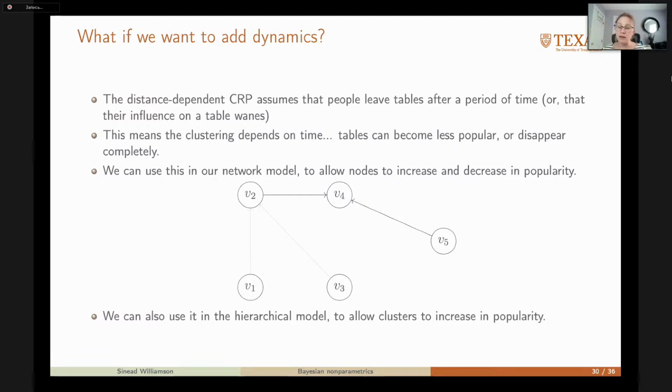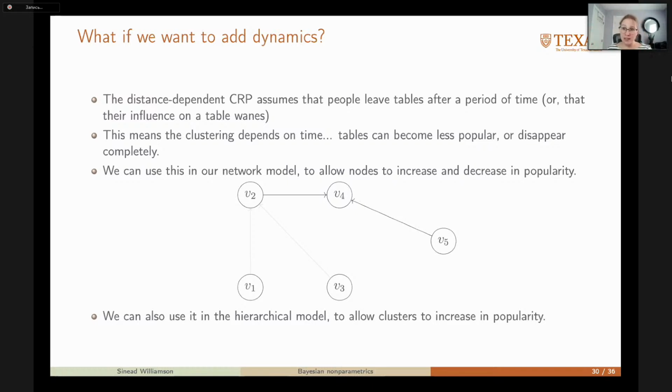And this would mean that a cluster's topic, for want of a better word, will evolve over time, right? Maybe it started off people talking about neural networks, and then they started talking about Bayesian stuff because they'd heard all of the great Bayesian speakers in this workshop, in this summer school.